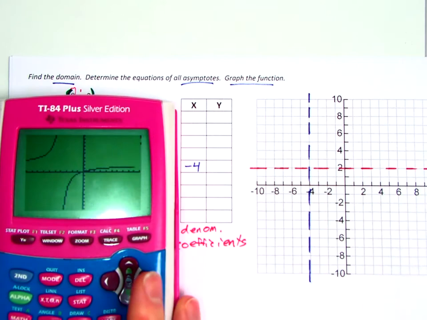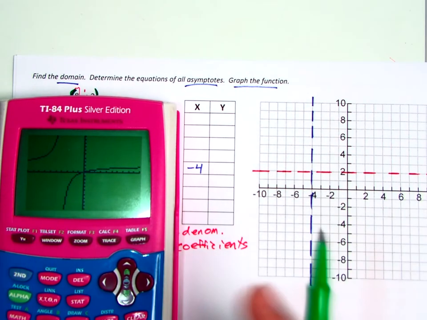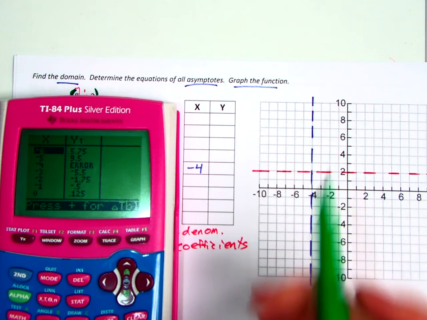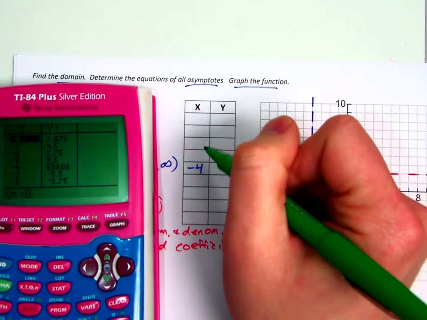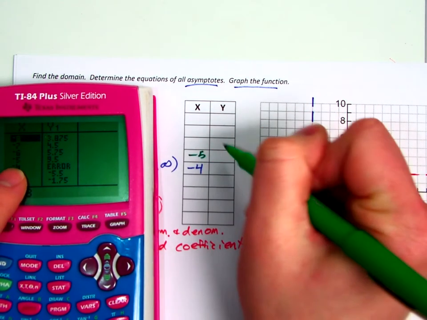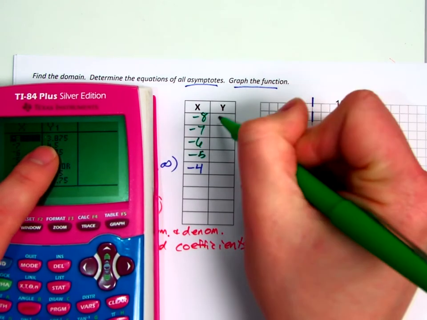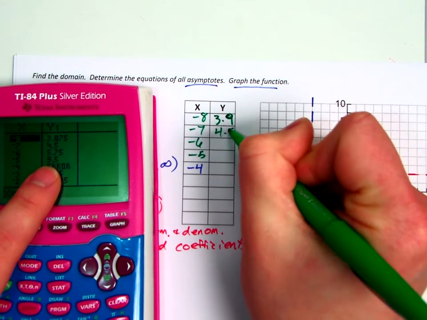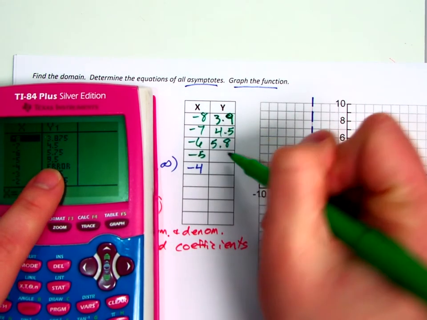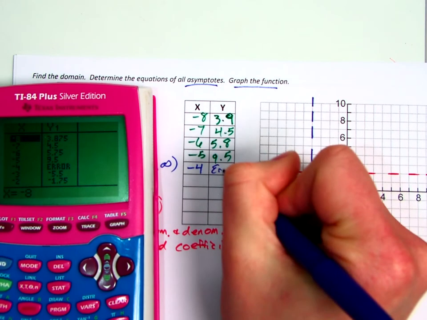So when I look at this, right, I can tell that we're going to have something in this section and something in this section of the graph, but we have to go to our table and get some points. So negative 4 was my center point, right? So then we'd go up: negative 5, negative 6, negative 7, negative 8, which is 3.9, 4.5, 5.8, and I'm just estimating 9.5, and then this one is the error, right?